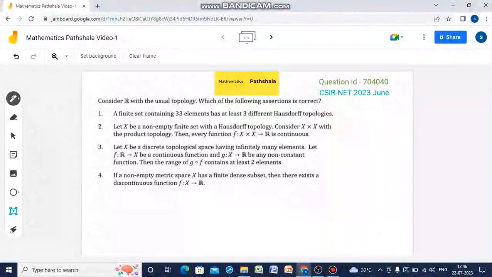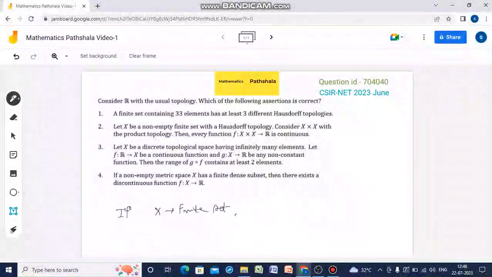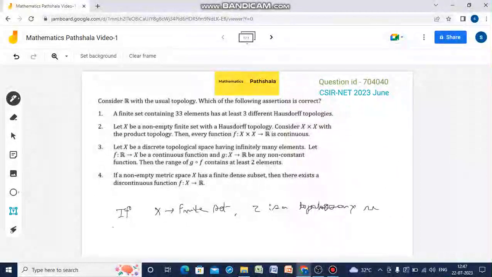So I am saying that if X is any finite set and tau is a topology on X such that tau is T1, then tau will be equal to the discrete topology on X.